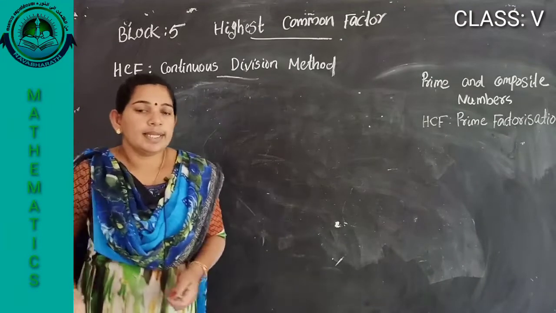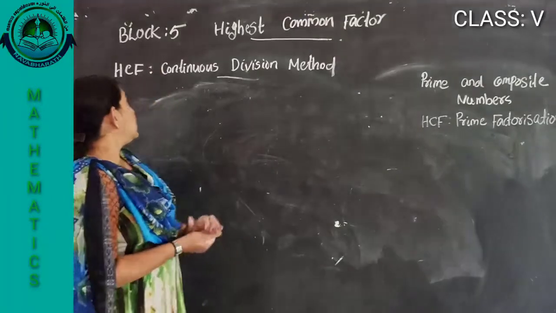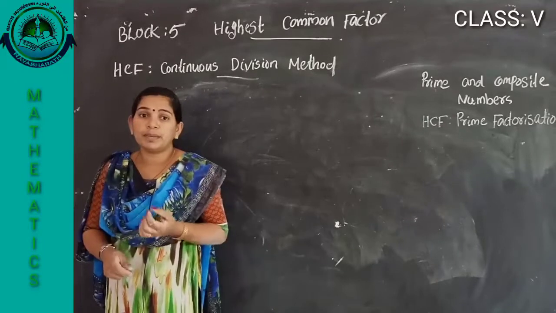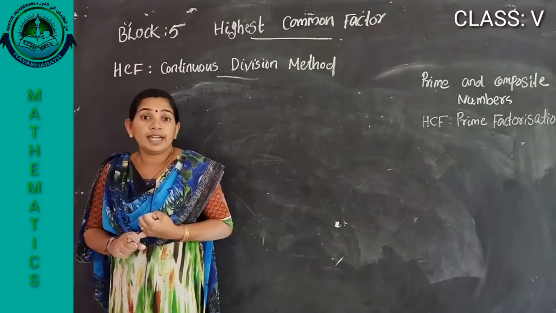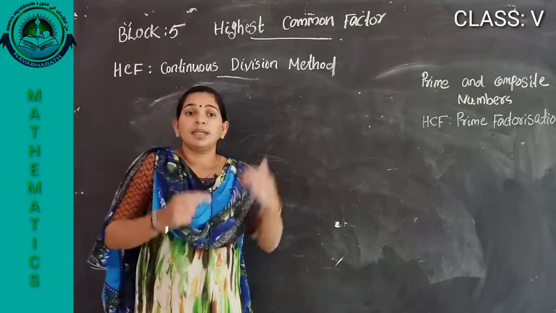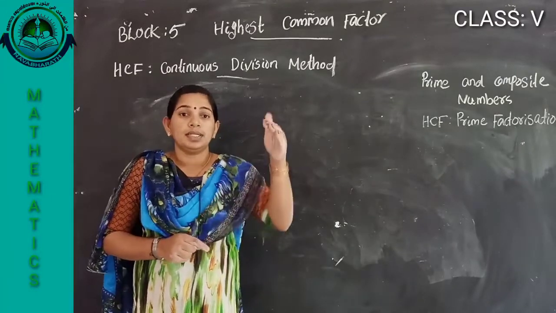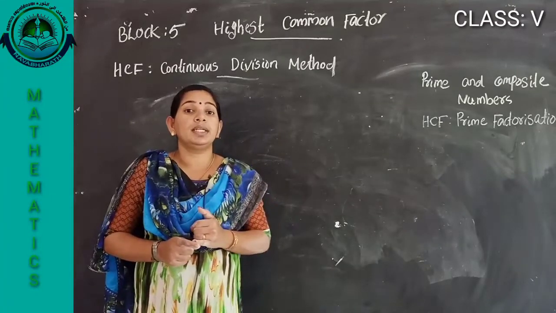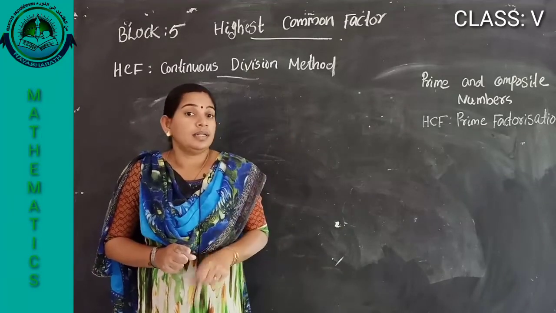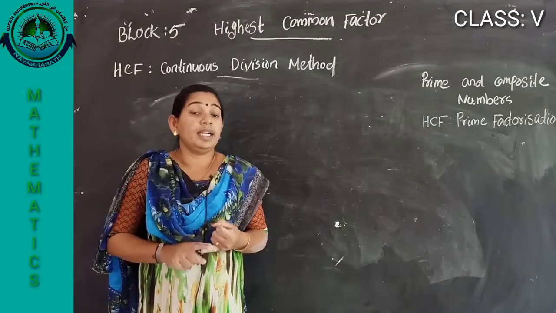Okay. Today we are discussing how to find HCF using the continuous division method. 3 steps we are checking. First, the dividend is the greatest number, the divisor is the smallest number. Second, in division, what do we take? The first divisor is the second dividend.